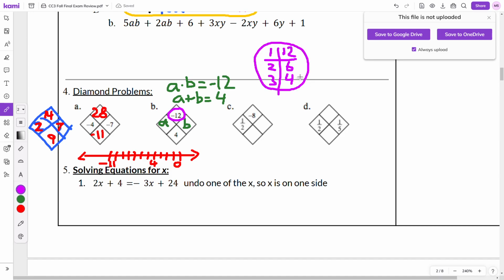One of these pairs has to add up to 4 somehow. Well, if you have 2 and 6, they have a difference of 4. So if it's minus 2 and plus 6, that in fact works. So that means that A is actually minus 2 and B is 6.